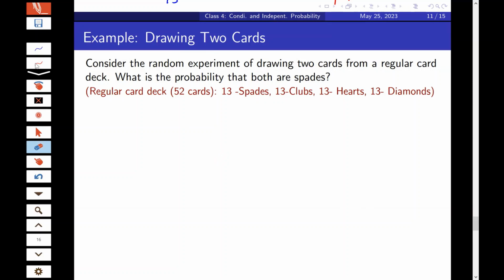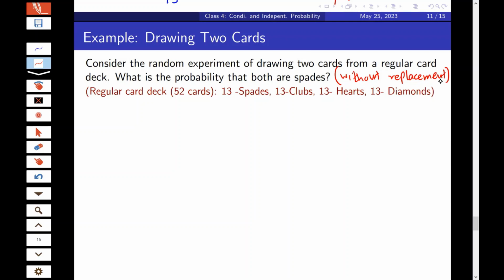Here the question asks, what is the probability that both are spade? We assume we are taking without replacement. Without replacement means once you get a card, you are not going to put it back into the 52 again to take the next one.